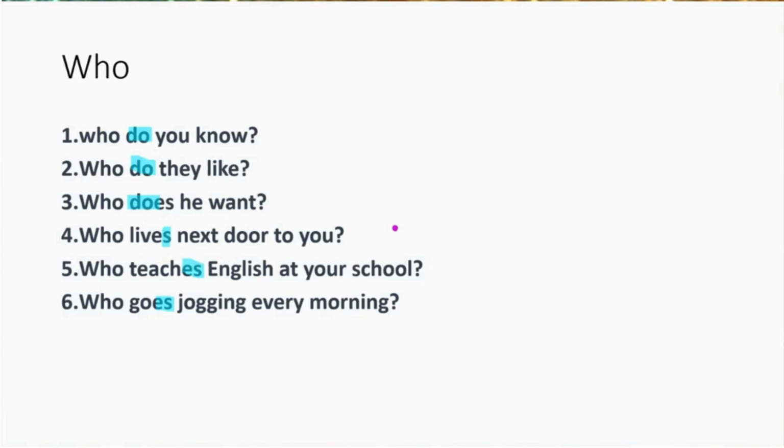Who lives next door to you? Here are few questions we are not using do. Instead, we are using base form of the verb with es. Who teaches English at your school? Who goes shopping every morning?